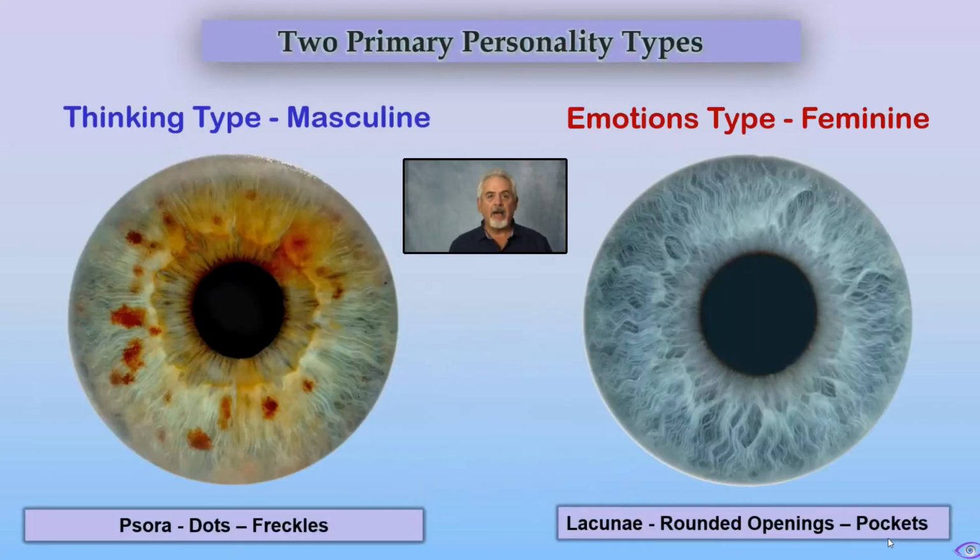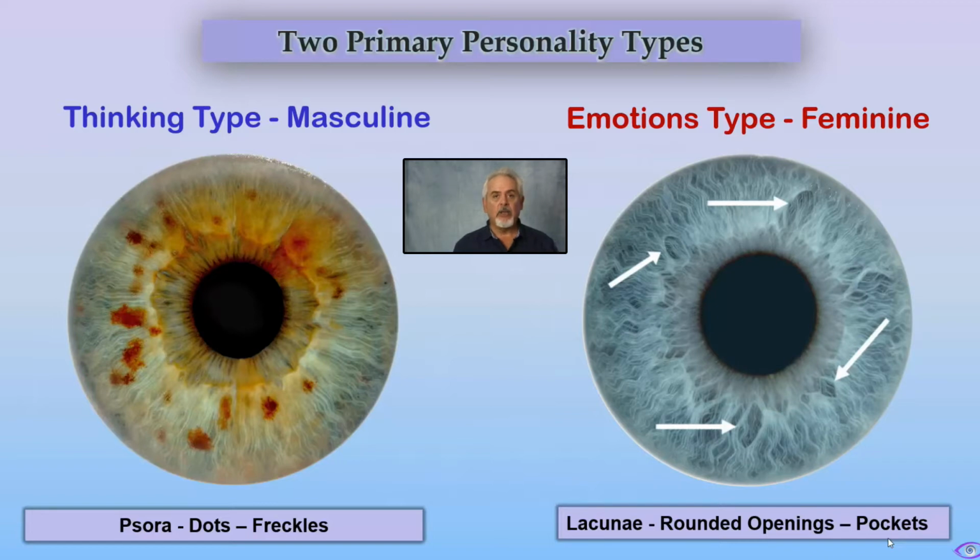All right, here we have them. The thinking masculine type on the left side of your screen and the emotions type, feminine. The blue eye, which can be any color, or the masculine type, which can be either brown, blue, or green. These 2 types are 2 polarities. The ones on the right side of your screen are denoted by these arrows, and we're looking for these rounded openings, also called lacuna.